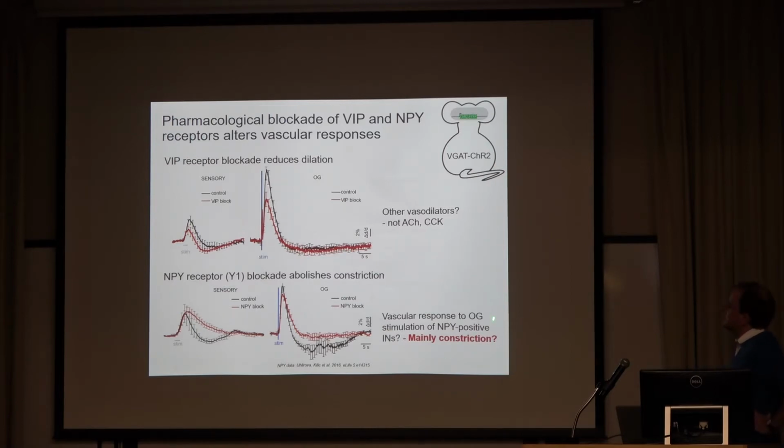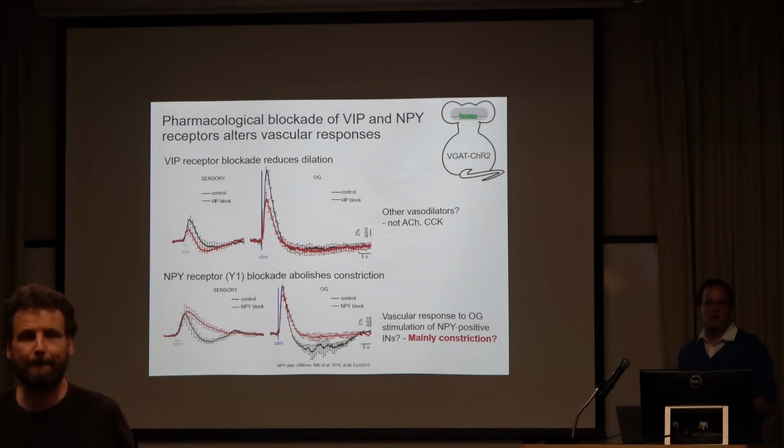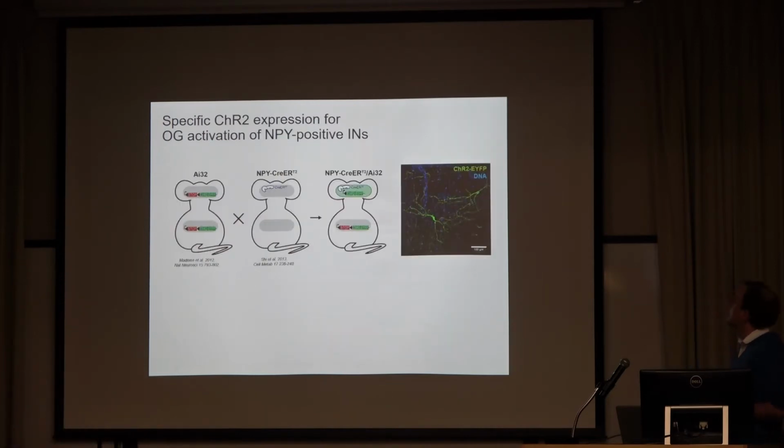But this led us to ask how the actual response to optogenetic stimulation of specifically this population of neurons is, and if it's maybe only constriction. And for that purpose, we used some more advanced mouse genetics to create a mouse which expresses channelrhodopsin specifically in NPY positive interneurons.